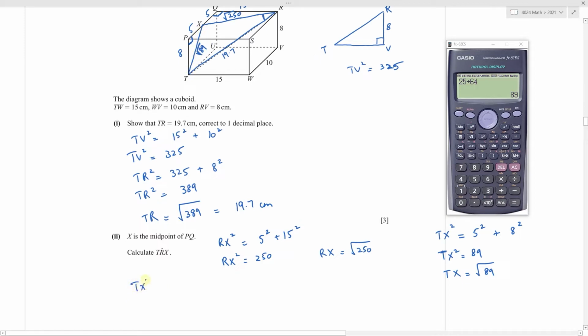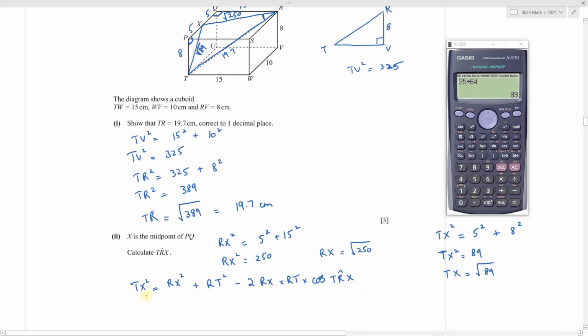So Tx square should equal the sum of the other two sides squared, so Rx square plus RT square minus 2 times Rx multiplied by RT multiplied by cosine of this angle TRX.